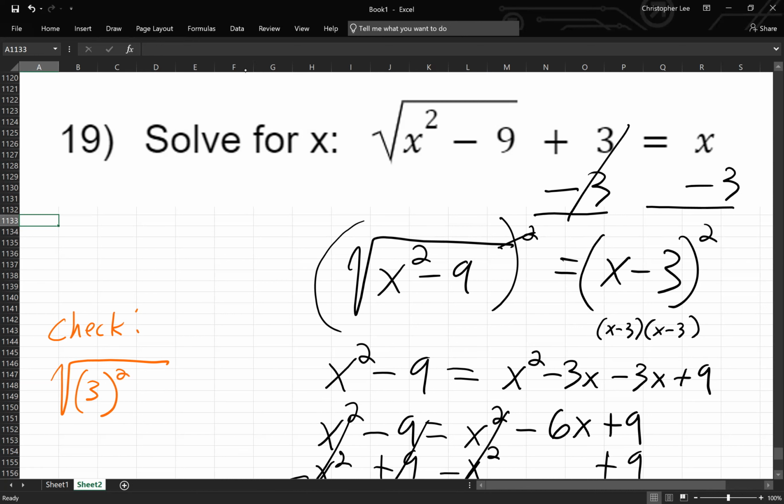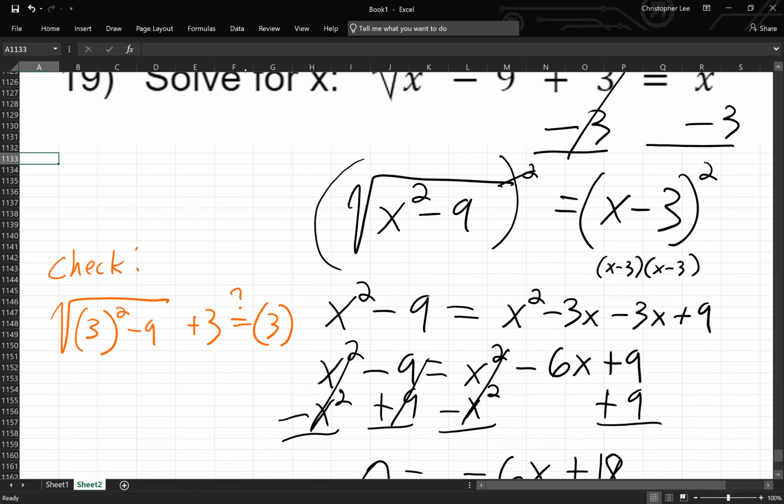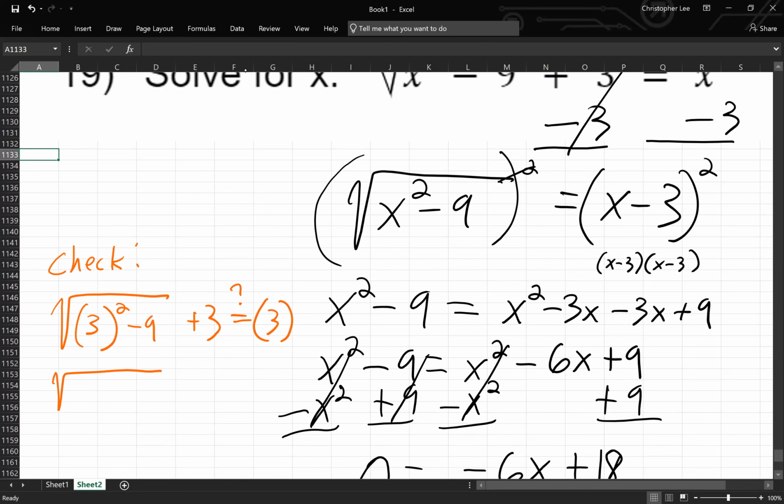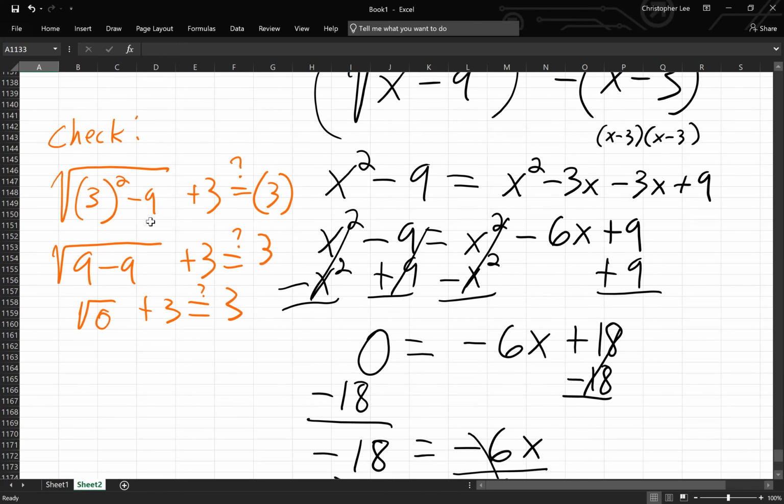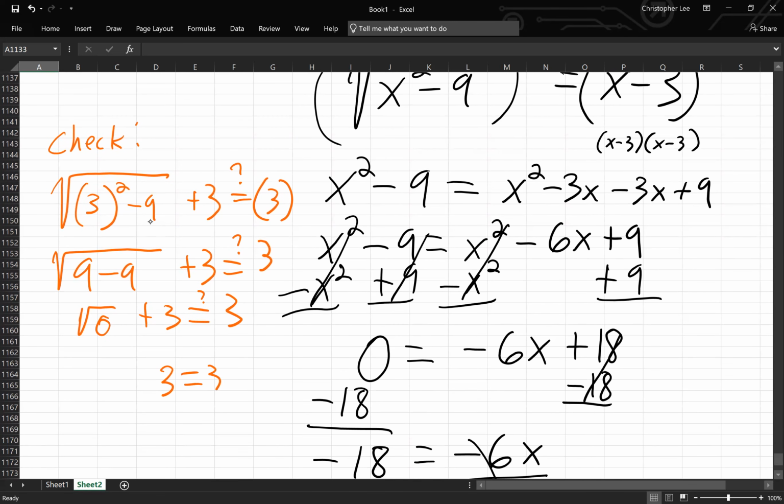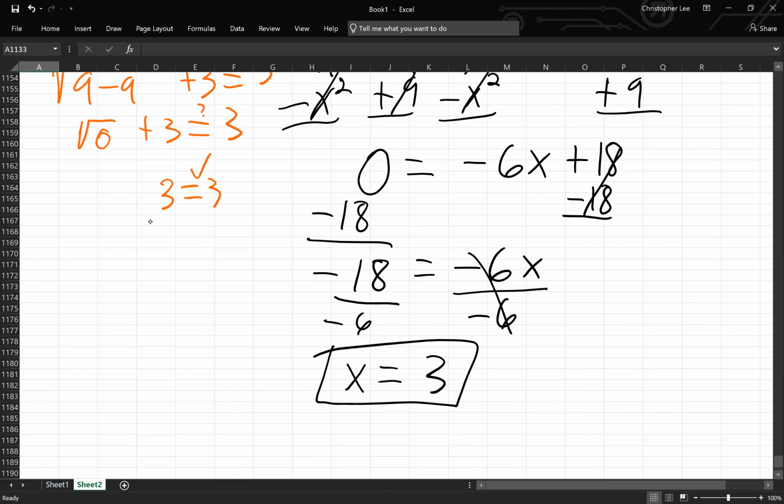Yeah. So we got square root of 3 squared minus 9 plus 3 is equal to 3. Let's see if that works. I'm not sure if it works though. So 3 squared, I know that's 9, right? So this is square root of 9 minus 9 plus 3. Allegedly, that's equal to 3. I don't know, right? But square root of 0 plus 3 might be equal to 3. And in fact, 3 is equal to 3. So we Gucci.